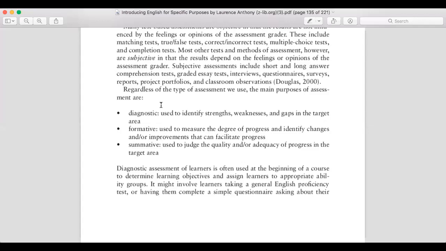So summative assessment looks at the quality, adequacy, and sufficiency of the progress in the target area. Formative only looks at the progress or otherwise, but there has to be sufficient, adequate progress in a particular course, not just because of the time limitations, but because of many other factors.